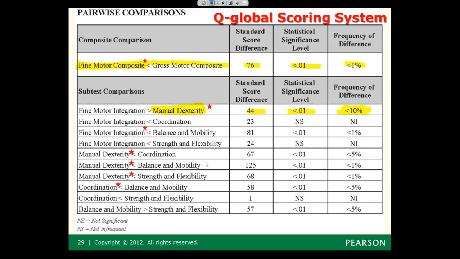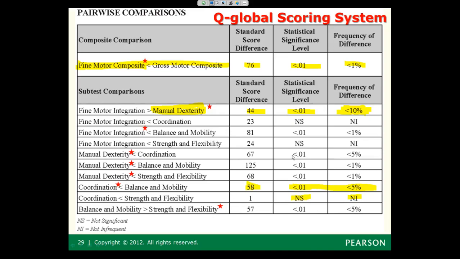We see that a 55-point difference is, again, both clinically and statistically significant. The difference between coordination and strength and flexibility is not significant statistically, and it's not infrequent. So we wouldn't even think about comparing that in this chart.